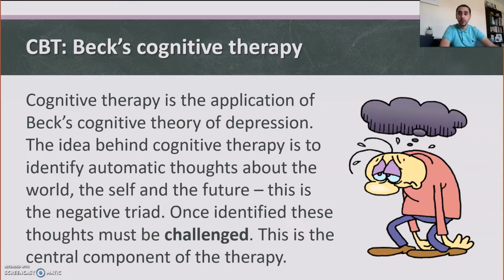What is that called, when you have negative thoughts about the world, the future, and yourself? This is the negative triad. Once identified, these thoughts must be challenged. This is the central component of the therapy, challenging those irrational thoughts, those irrational beliefs.